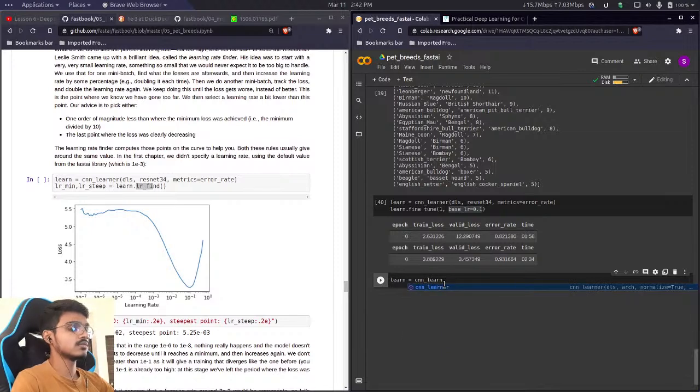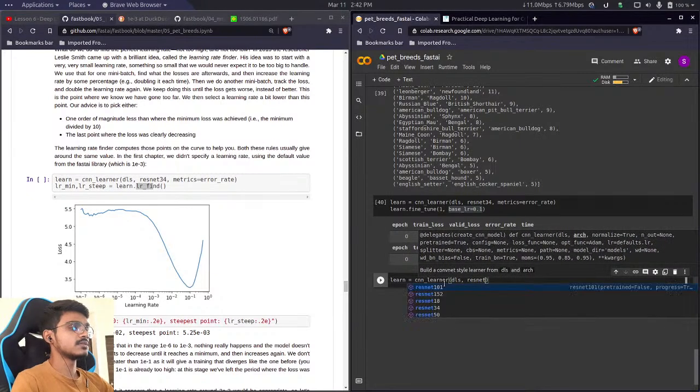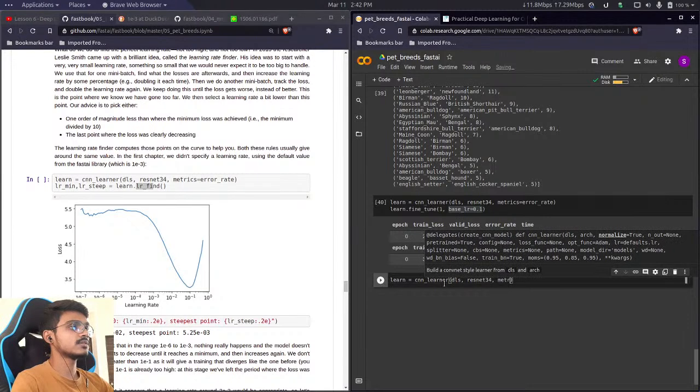learn equals, the data loaders, ResNet 34, metrics equals error rate.